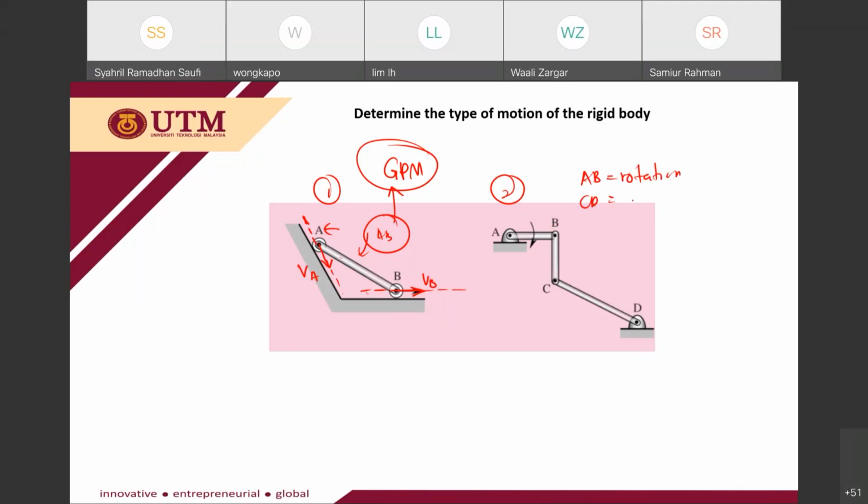Anyone? General plane motion? CD, member CD, C and D. Rotation too. Yes, rotation, because for member CD you have the fixed axis rotation here at D. Member AB also has a fixed axis of rotation at A. Okay, what would be the type of motion for BC?